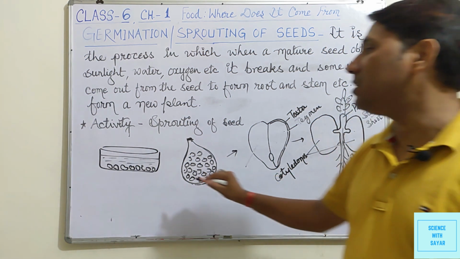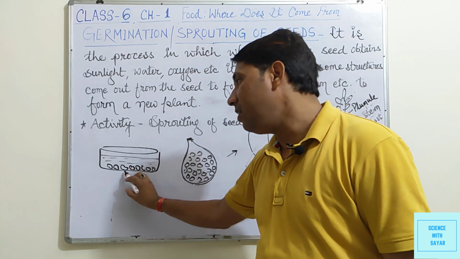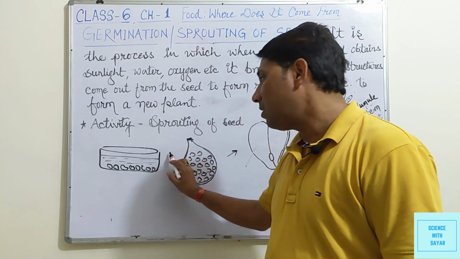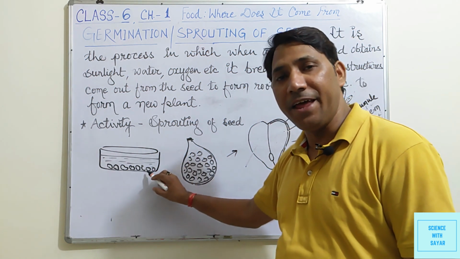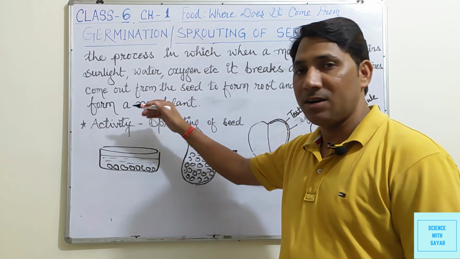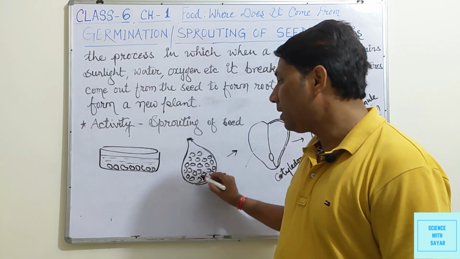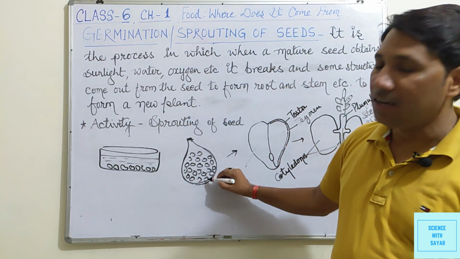So here we can see that we take some seeds, we soak them in water, then we keep it for a day, and after that we drain the water, we sieve the water, and we take the seeds in a container.